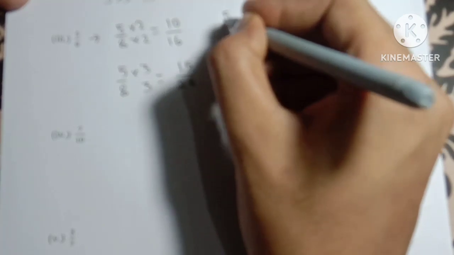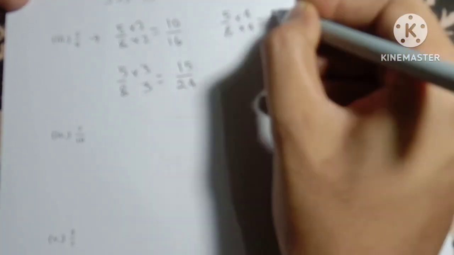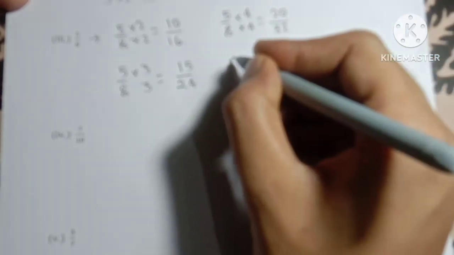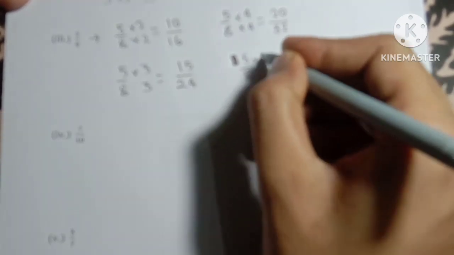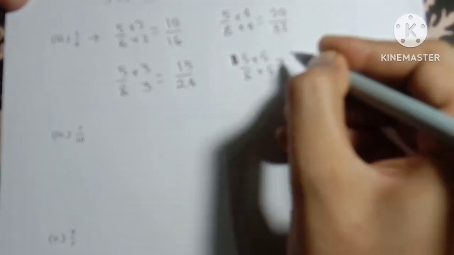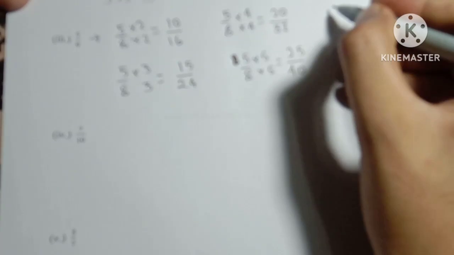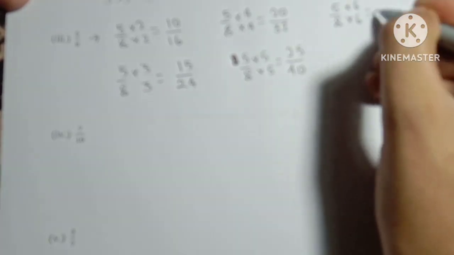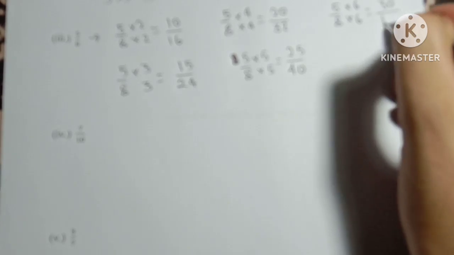Next we multiply by 4, that is 20 upon 32. Next we multiply both by 5. Here we get 25 by 40. Next we multiply by 6. We get 30; 6 eights are 48.